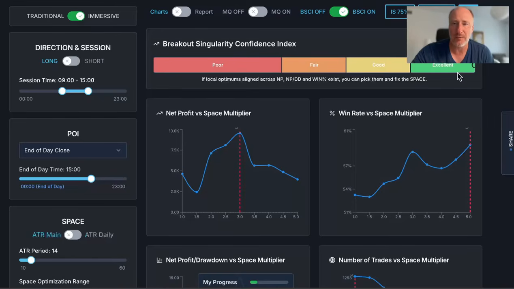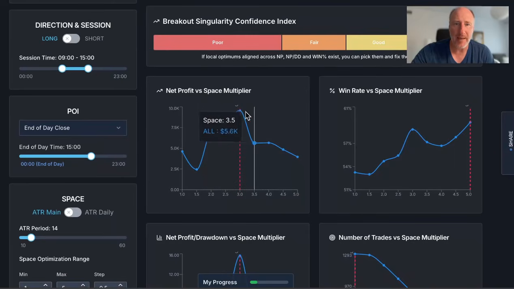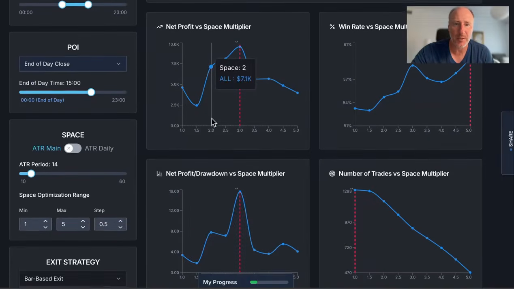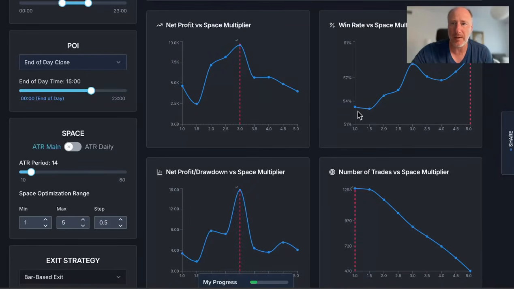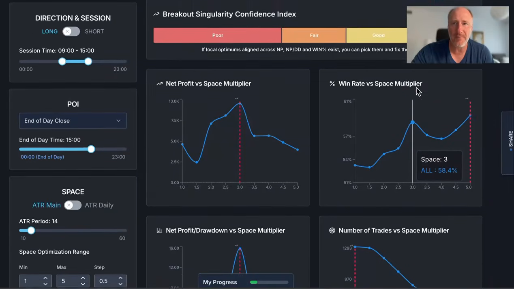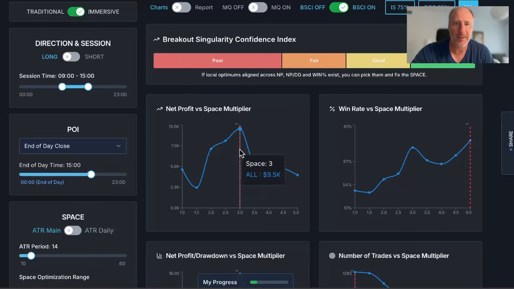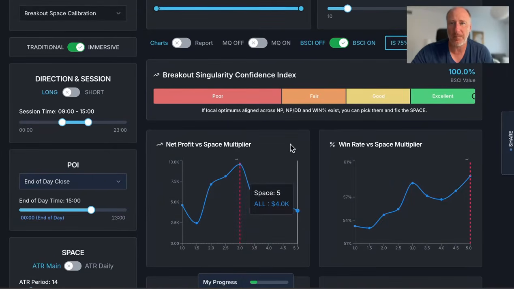This gives us confidence 100%. Number 3 space is the highest among net profit calibration, net profit drawdown calibration, and second highest among win percentage, 58.4, which is very high. So this is actually very, very good. We can fix the parameter and we have a complete base.